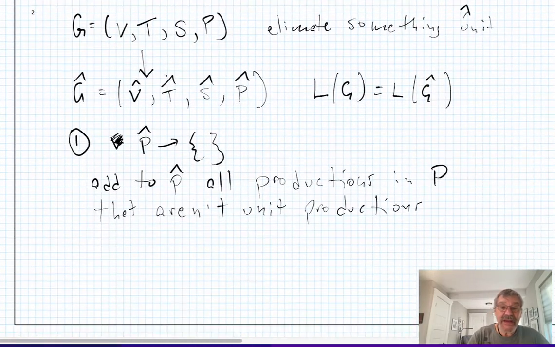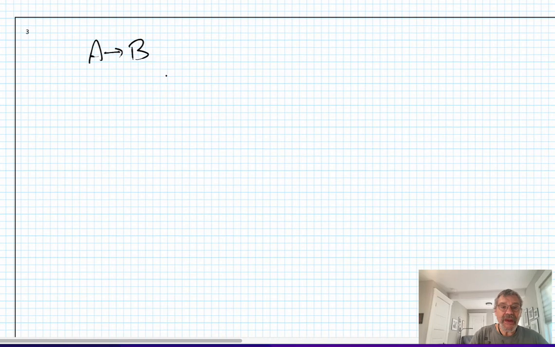And when we do that, what we basically need to do is build a transition graph.